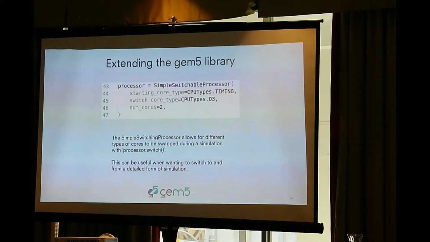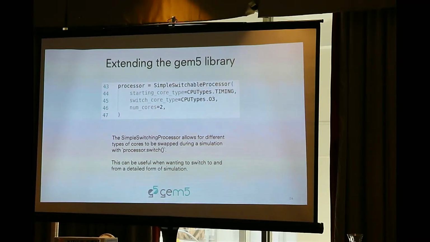So this is a little bit more of an exotic component in Gem5, so I'm going to spend a little bit of time talking about it. In Gem5, you don't always really want to be running exactly the same system for the entirety of your simulation. A good example of that is what type of core model do you want to use?